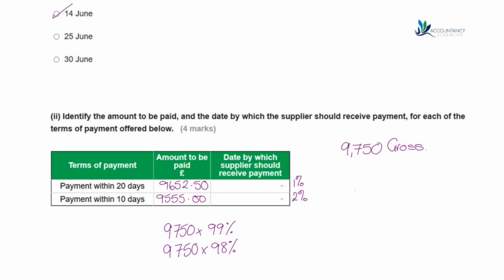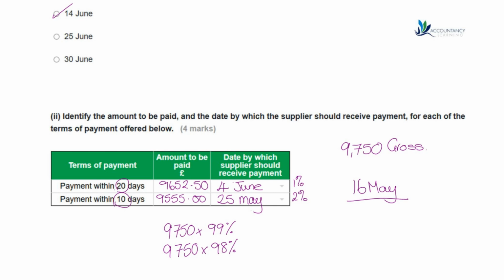And then the date, so again we're going to be starting from the 16th of May. And we're going to count 20 days to bring us to the 4th of June. And then we'll count 10 days from the 16th of May, which brings us to the 25th of May as the due date.